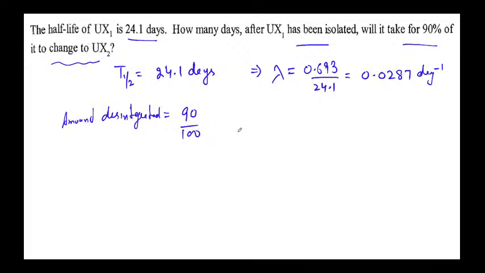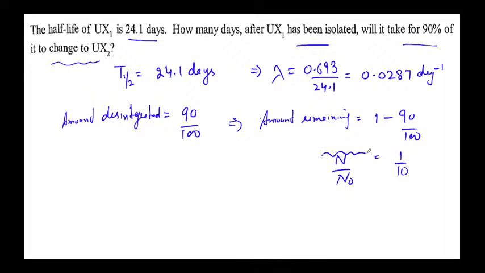So how much remaining amount is left? The substance which remains is equal to 1 minus 90/100, that is equal to 1/10, and this is actually our N/N0 ratio.